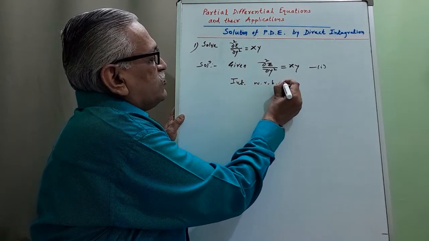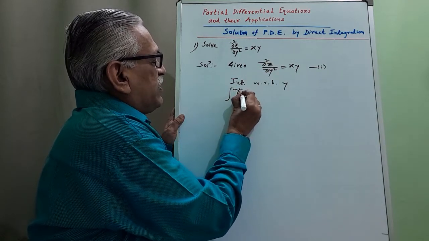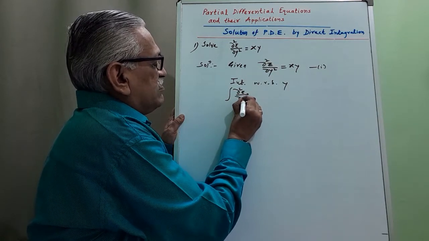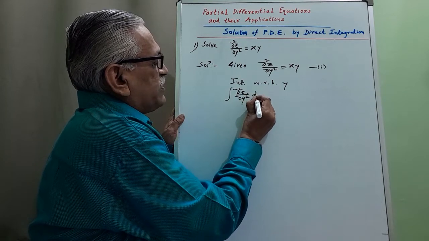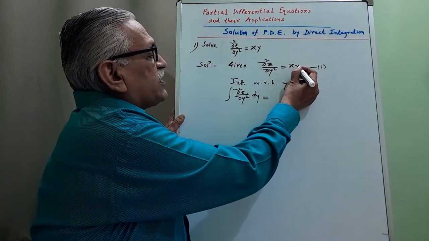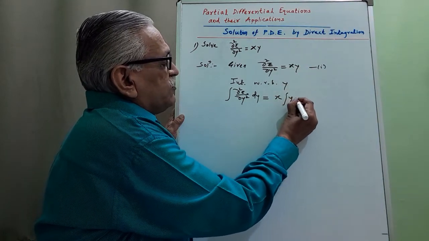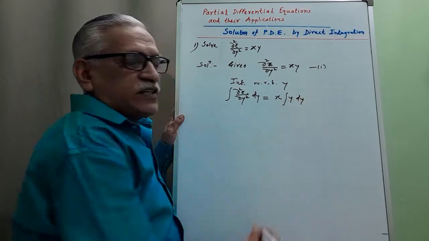Integrating with respect to y, we get the integration of ∂²z/∂y² with respect to y equals, x is a constant term, I can take outside, integration of the remaining term with respect to y.